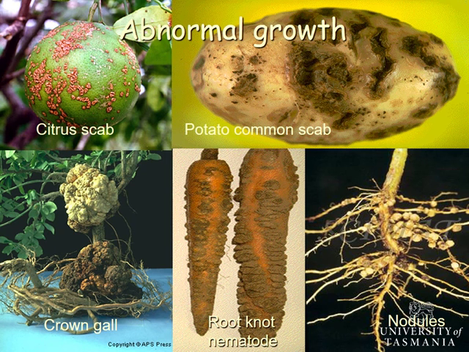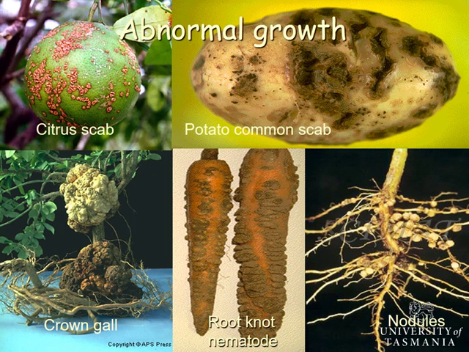Anyway, that's the story. Here we've got a nematode attacking a carrot, and once again, invading and causing these giant cells and this excessive growth of the carrot. Inside each one of these little galls will be a female nematode that's happily sitting there feeding and laying lots of eggs.